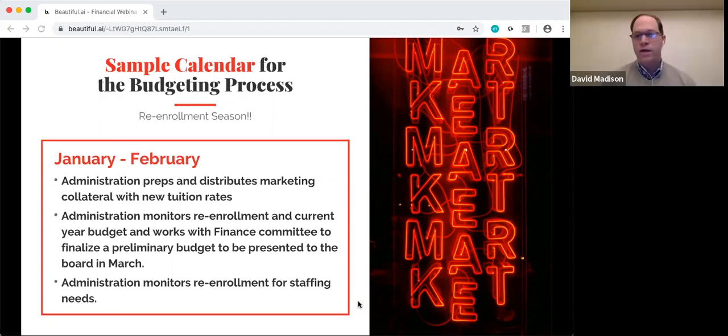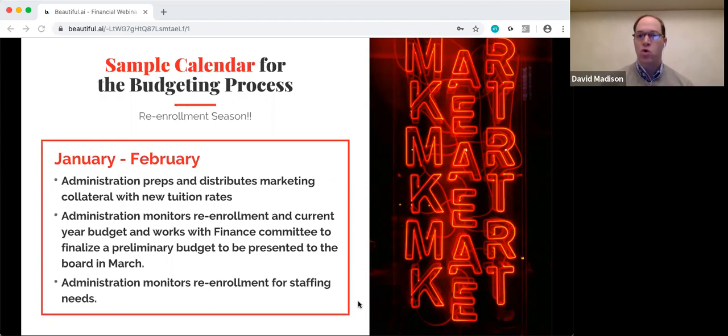Yeah, and I don't think there's any magic recipe to that. It's just a matter of working the phones, working the emails. Exactly. You're always going to have some families that are slow in turning re-enrollment contracts in. You're always going to have some families that have a possible work relocation. But the important thing is that you stay very, very active, and you don't just wait to get that information.